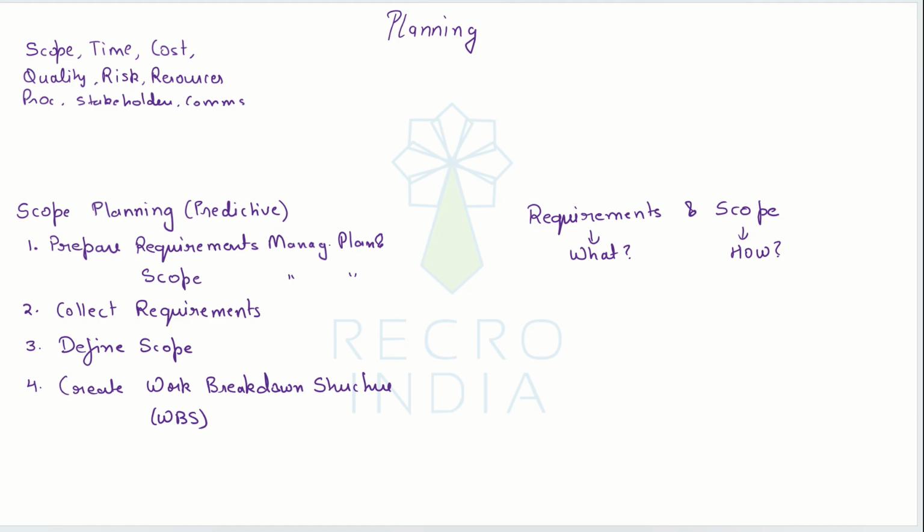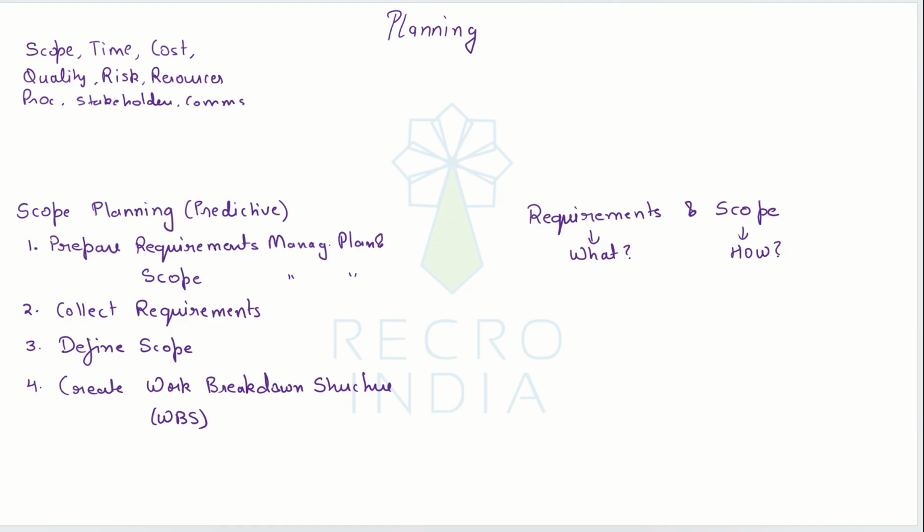Basically, you go to your stakeholders and you ask them what are their expectations, what is their wish list, or what do they want to see being developed as a set of features, functionalities, characteristics in the final output.